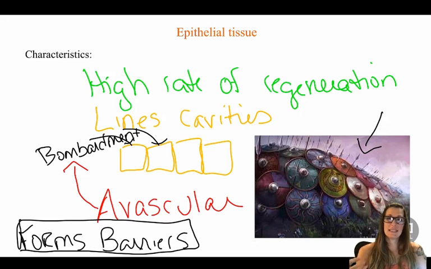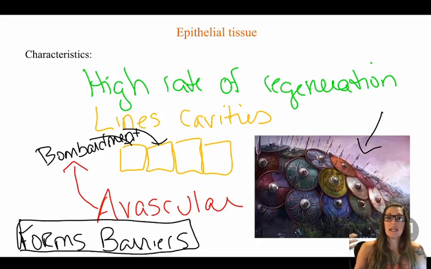And we can relate these different things that I've talked about to a shield wall. If there are people out holding those shields on the front line, they will very often encounter injury or exhaustion. So for whatever reason, in this metaphor, new soldiers have to come and take the place of those who are on the front line of a shield wall. It lines cavities, so it protects the rest of the army. That's how you can think about it.